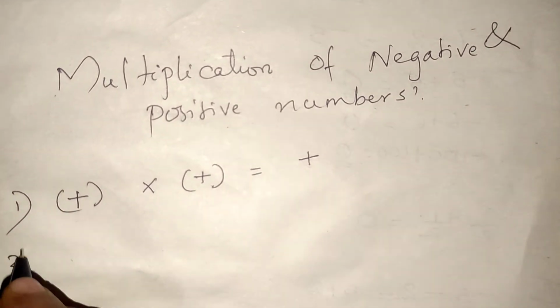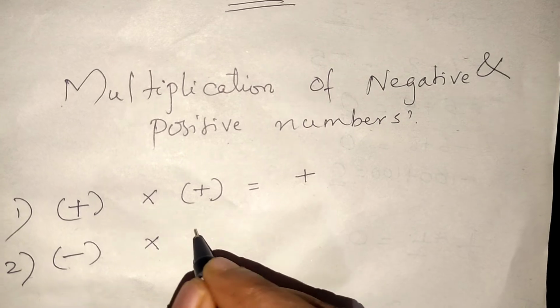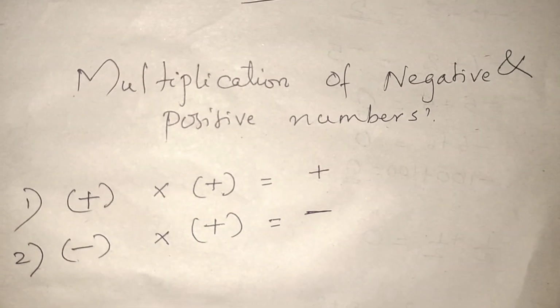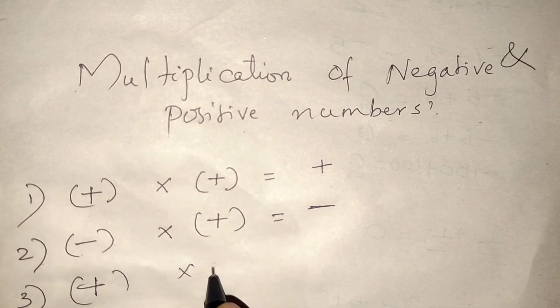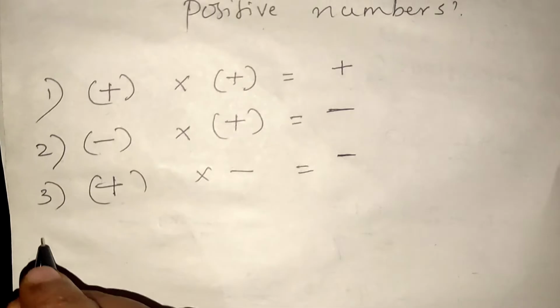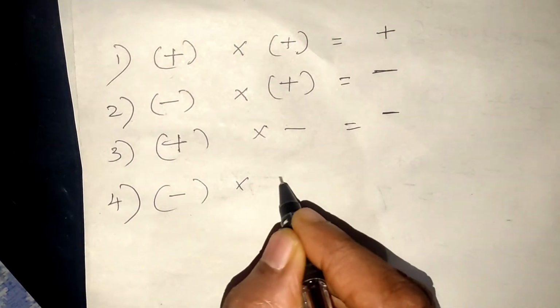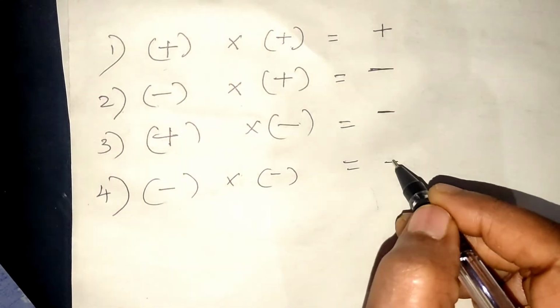Second rule is, if we multiply a negative number with a positive number, the answer is always negative. Third rule, if we multiply a positive number with a negative number, the answer is always negative. Then fourth rule, a negative number into another negative number gives always a positive answer.